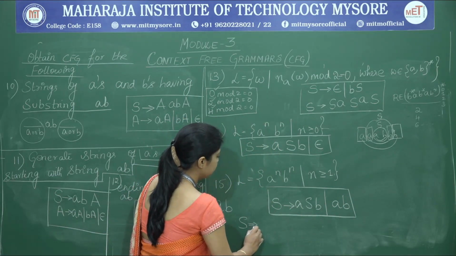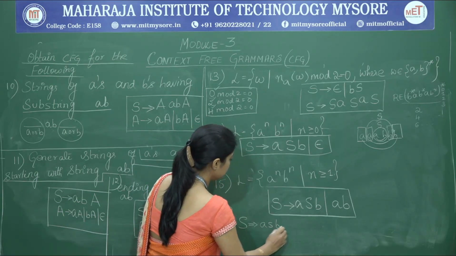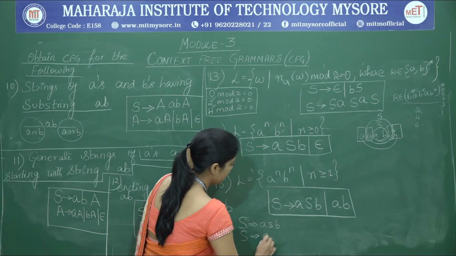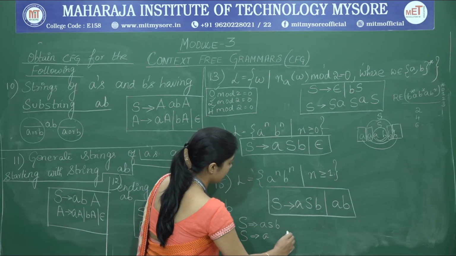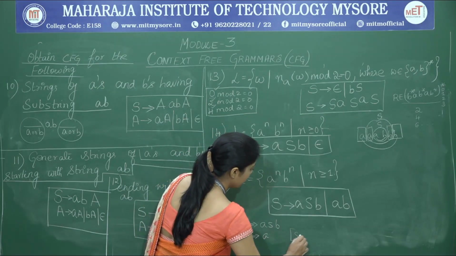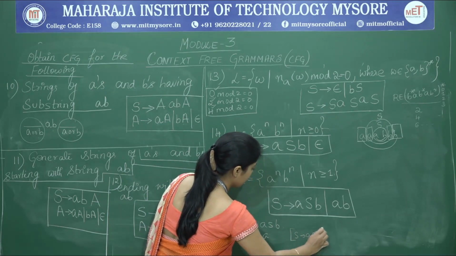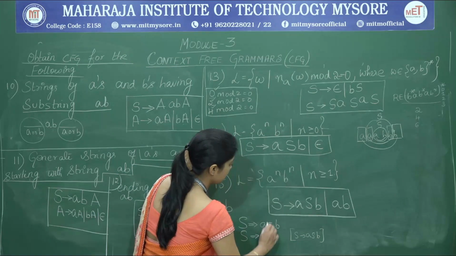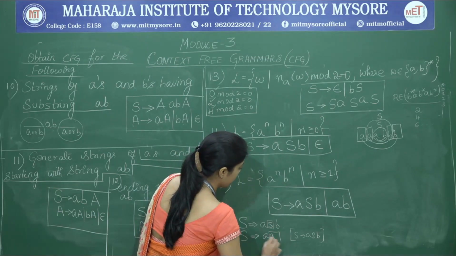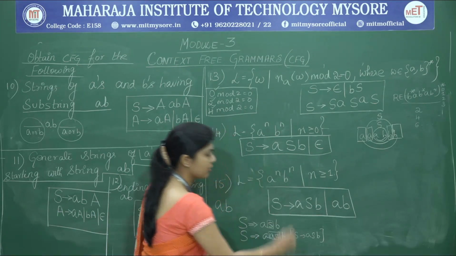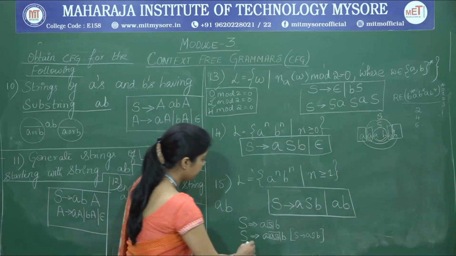So S goes to A S B. For this S again I am going to use the production S goes to A S B. So this S is substituted for A S B, and this B will remain as it is.